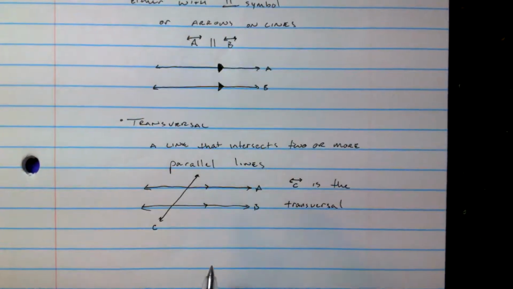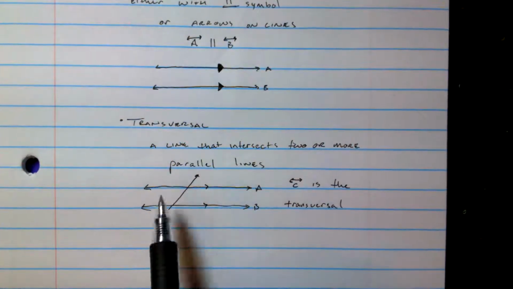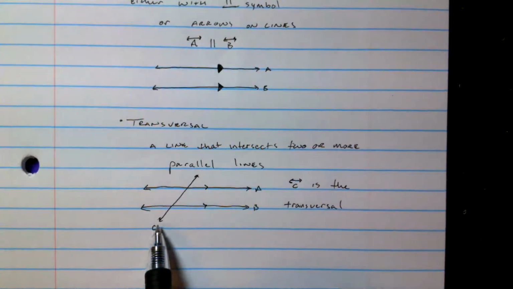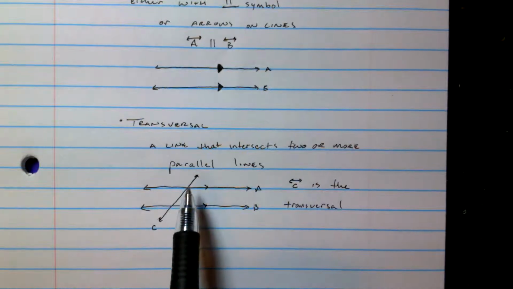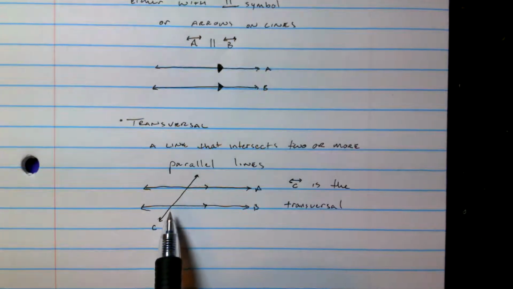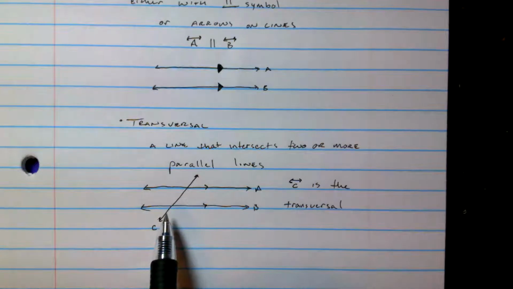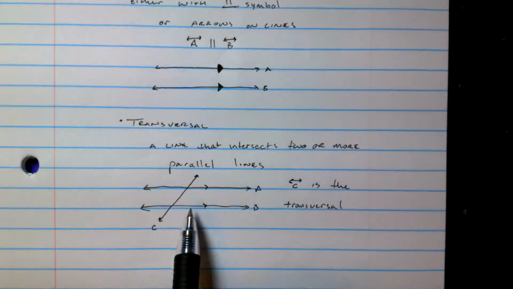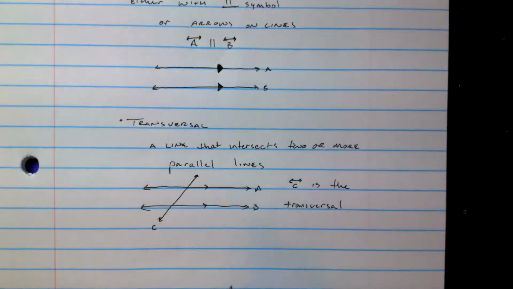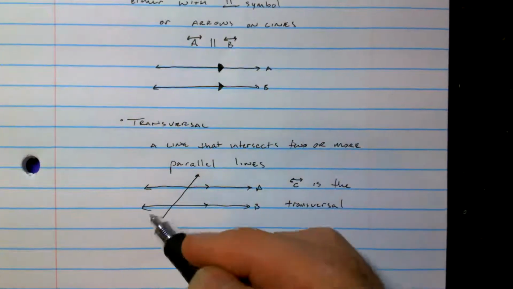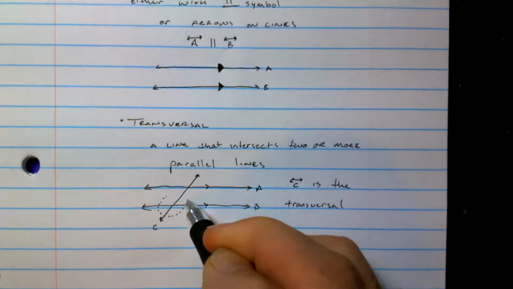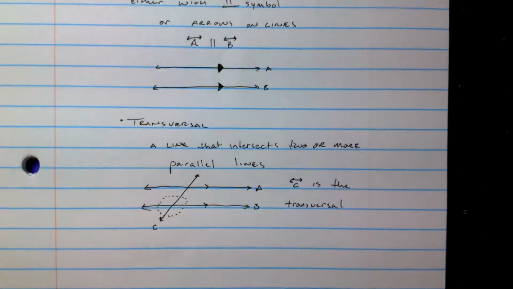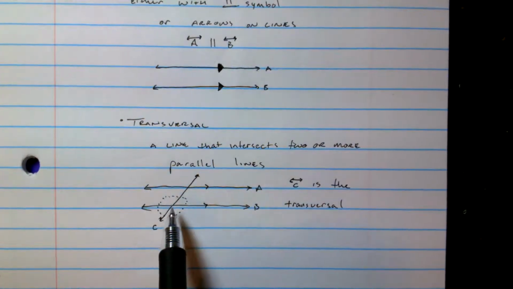Okay, and what happens is, if you'll notice, we've got a lot of angles that are formed using that transversal and those two parallel lines. If we only concentrate on one of these sections, so in looking at just this section here, these are just vertical angles.